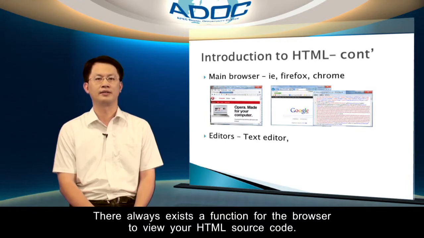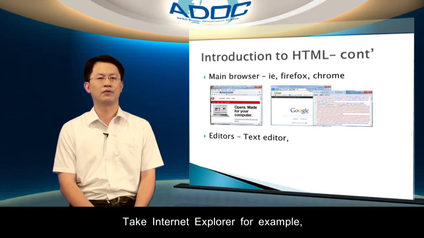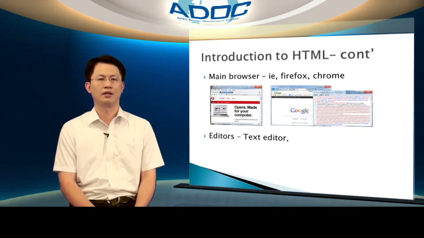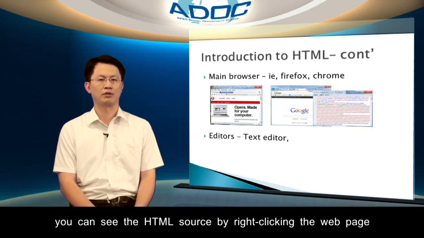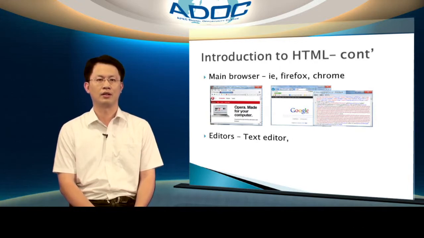There always exists a function for the browsers to view your HTML source code. Take Internet Explorer for example. You can see the HTML source by right-clicking the web page and selecting View Source File to check the HTML source.